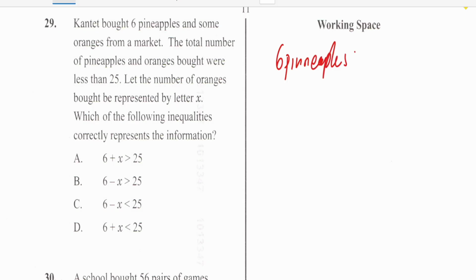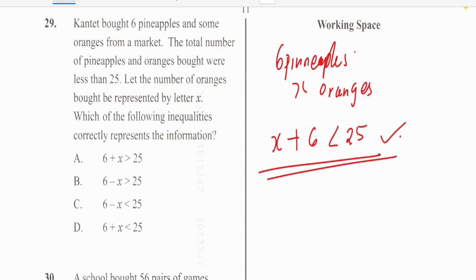If you represent oranges as X, then the total number of pineapples and oranges is X plus 6, which is less than 25. Not less or equal, but less than 25. So I think this is your answer.